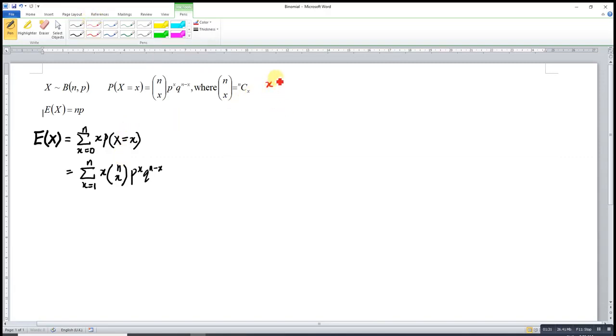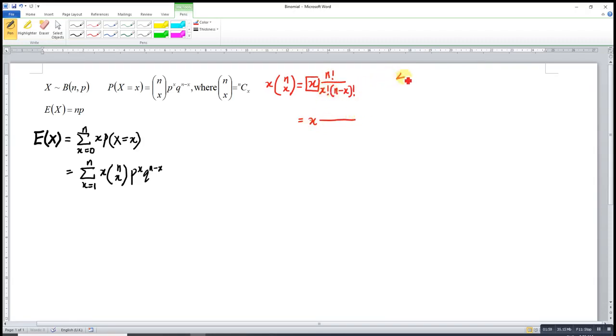So x times n choose x is actually x times n factorial over x factorial times n minus x factorial. In order to remove this x, I will make use of the properties of the factorial.